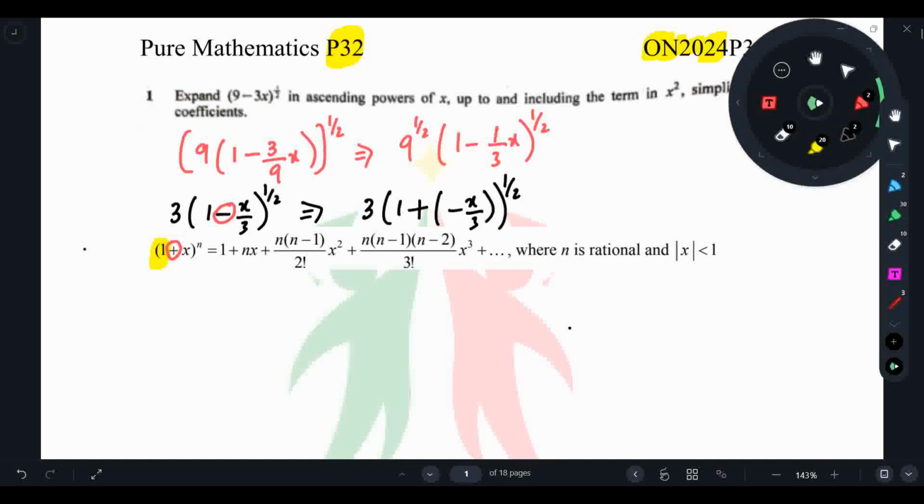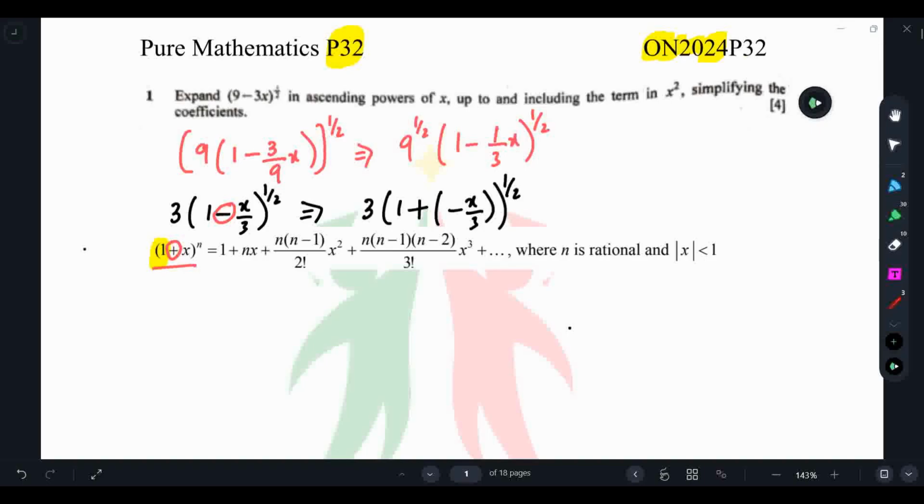Now from here, if we compare it with the binomial expansion, we can say that our x is minus x by 3 and our n is 1 by 2. So we have to be very careful about these two values while applying the binomial expansion identity.